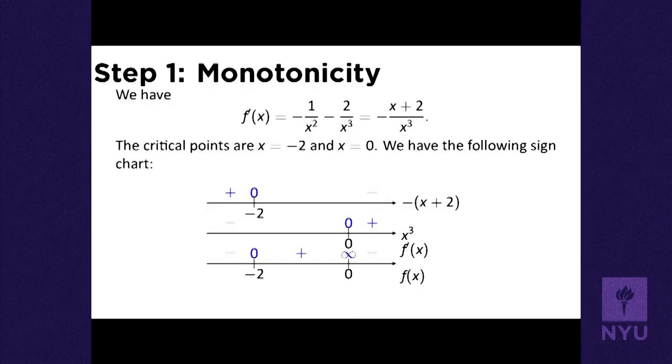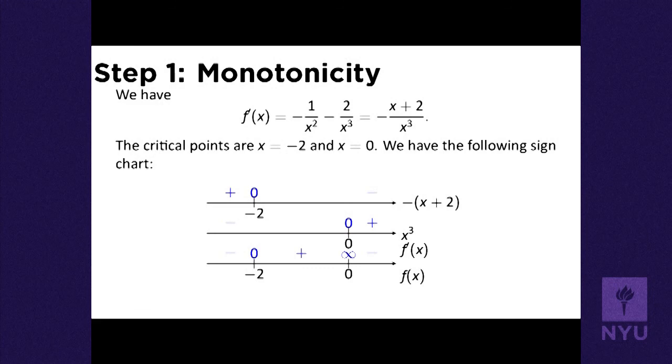So the product is going to be negative when x is less than negative 2, positive, is this right? This doesn't seem right. Oh, yes, negative times negative is positive when x is in between negative 2 and 0, and negative when x is greater than 0. We know that it goes to infinity as x goes to 0.